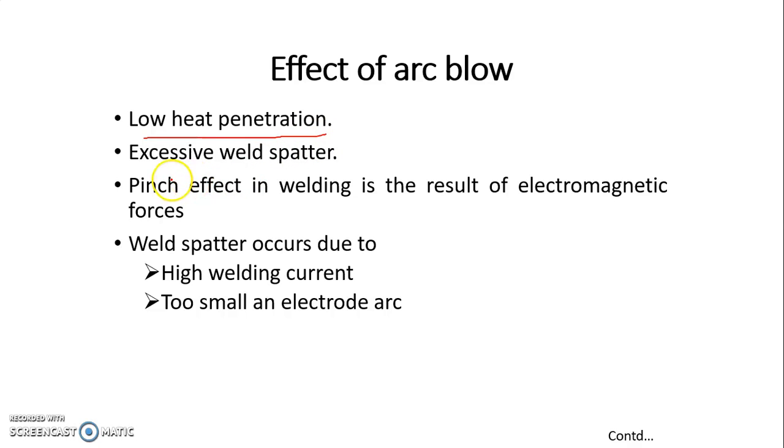Excessive weld spatter is the throwing out of tiny droplets of weld metal onto the base metal, resulting in tiny dots on the base metal plates. Pinch effect in welding is a result of the electromagnetic forces, and weld spatter is due to high welding current and too small an electrode arc.